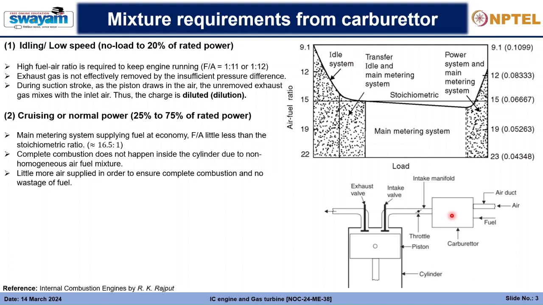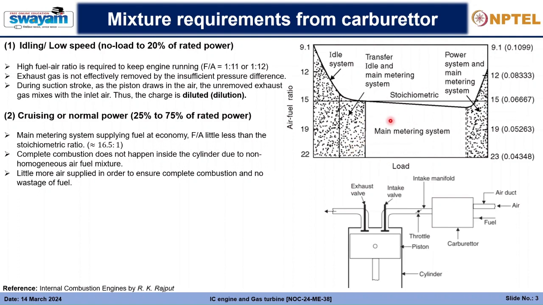Some amount of the air-fuel mixture will remain unburnt, the fuel will remain unburnt, and that's a big loss. In order to completely combust, we need an extra amount of air, and that extra air is supplied, which increases the air-fuel ratio above the stoichiometric ratio.